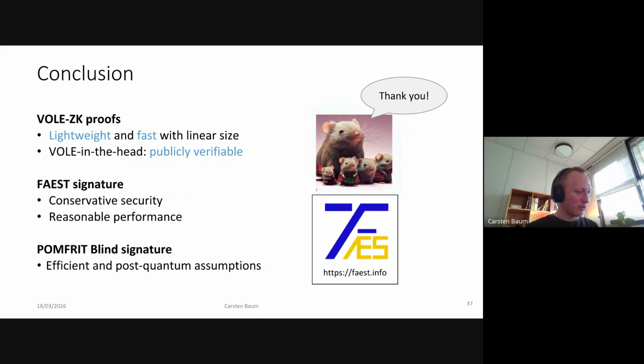There's a lot more involved, but it is a hash function that is very, very friendly for MPC-in-the-head-based constructions, I would say, but maybe also for other SNARKs, for actual SNARKs. Ours is of course not a SNARK.